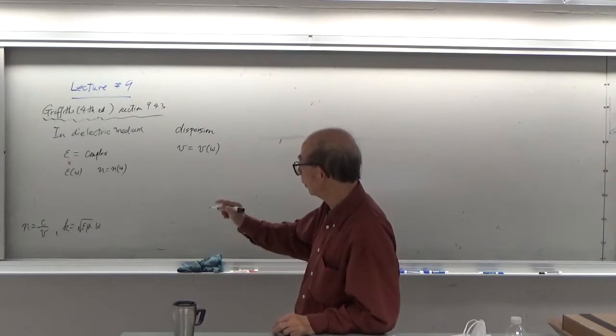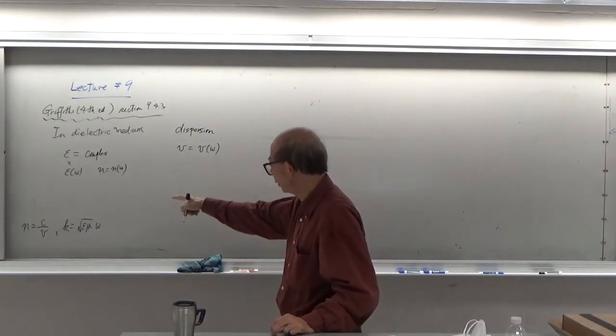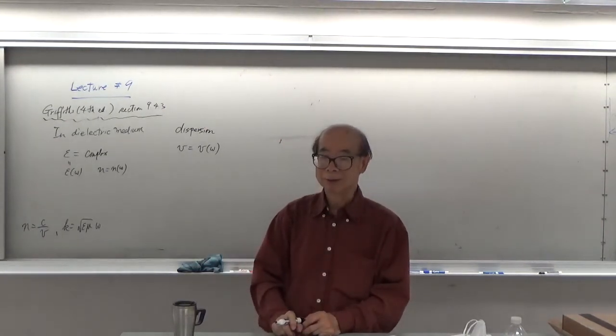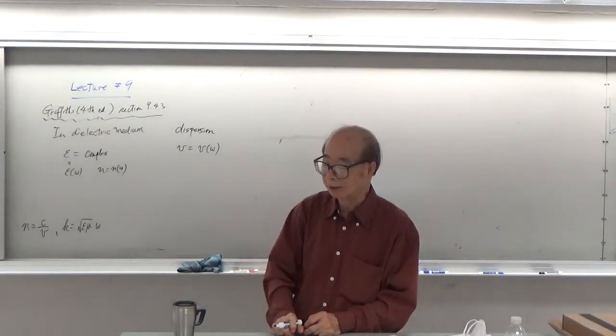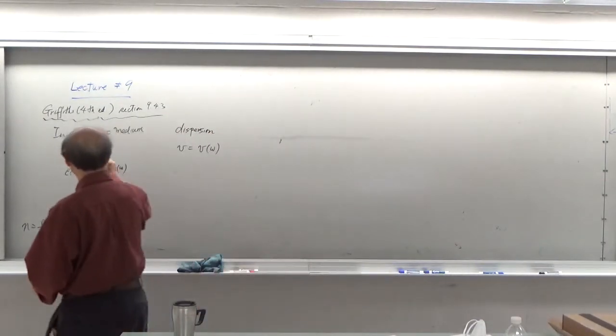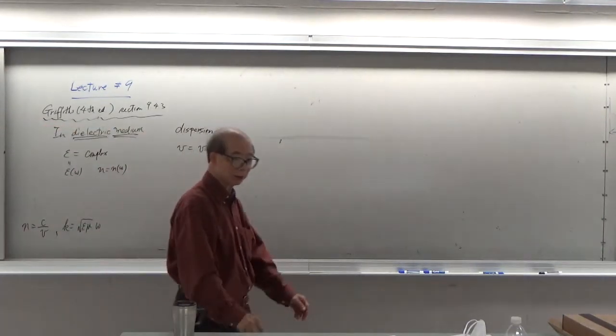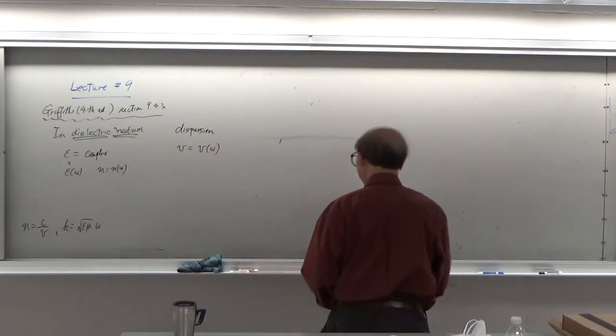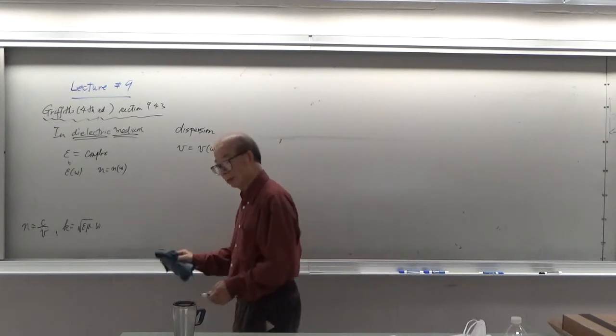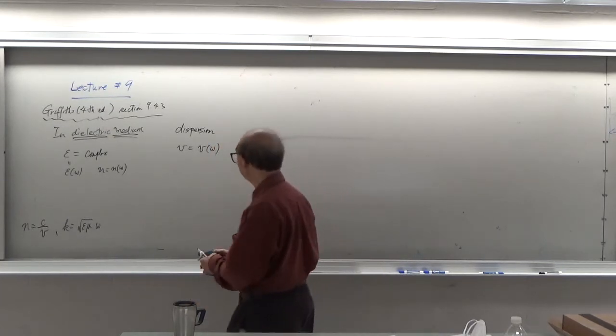We know that already: conductors are dispersive media. And we'll show that, in fact, the dielectric medium is also a dispersive medium. All right? Let's see how that can be shown.